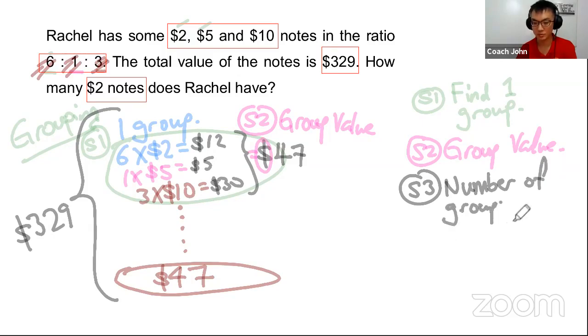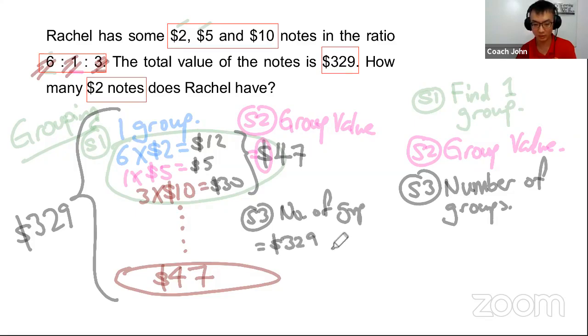Number of groups. Okay, so step 3 is number of groups, which is 329 divided by 47, which is 7. Okay, again, does knowing these 3 steps give you the answer straight away?